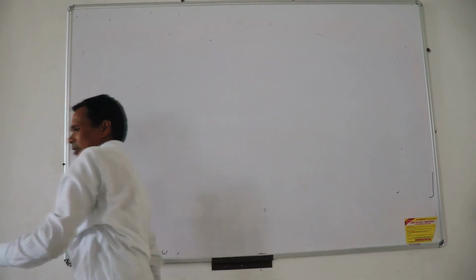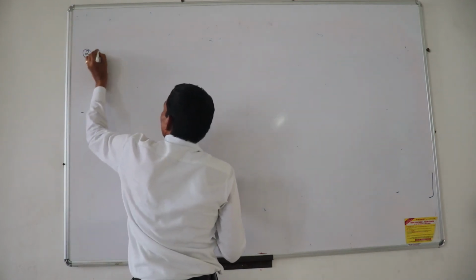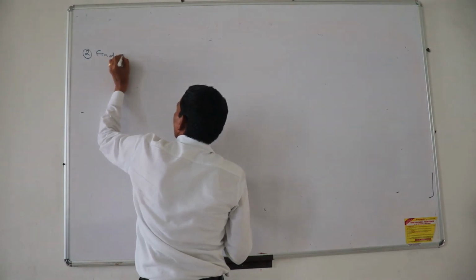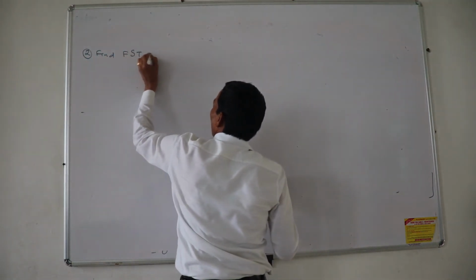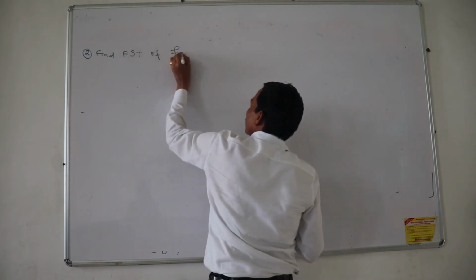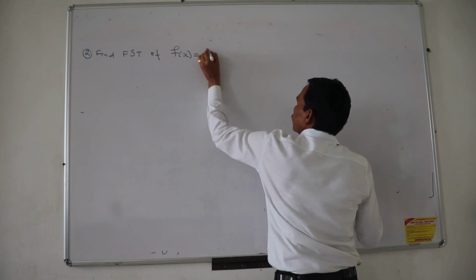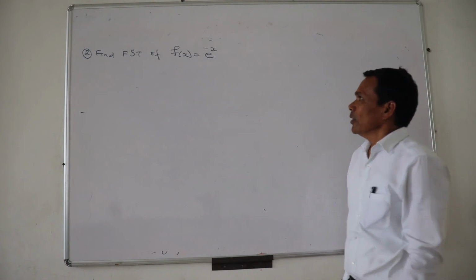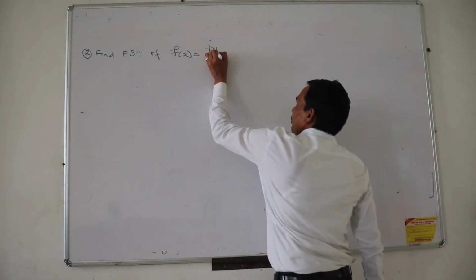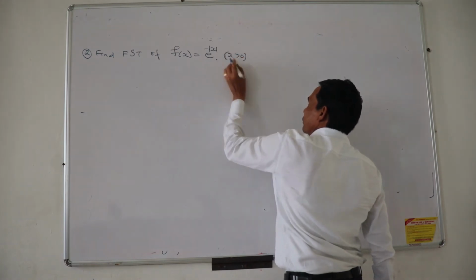Okay, now we shall see some more examples. Find the Fourier cosine transform and Fourier sine transform of the exponential function f of x is equal to e raised to minus x, or mod x, for x greater than 0.